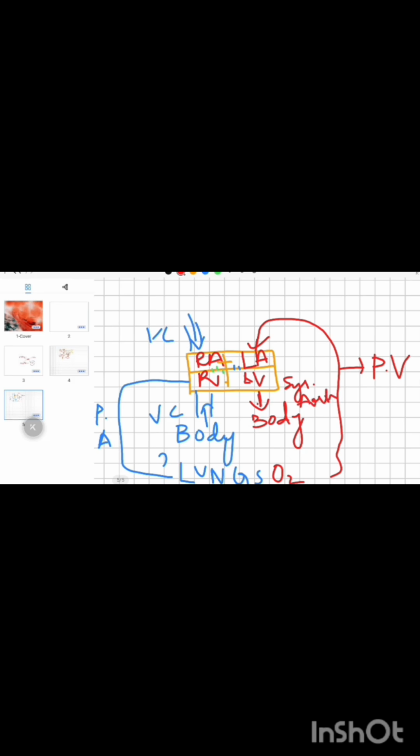In summary, the right atrium receives blood from the inferior and superior vena cava, and it sends the blood to the right ventricle through the tricuspid wall.